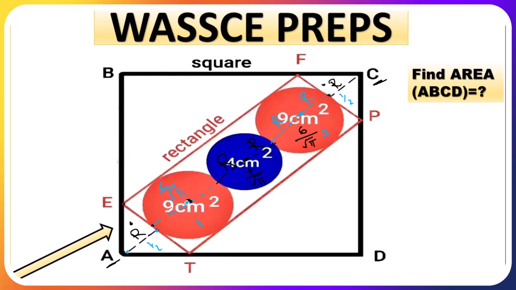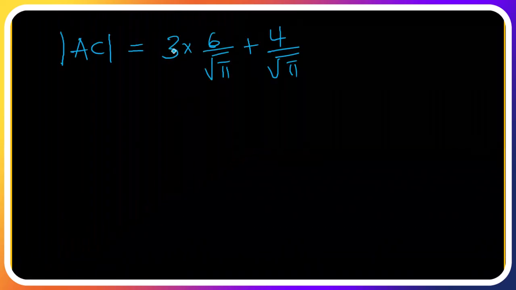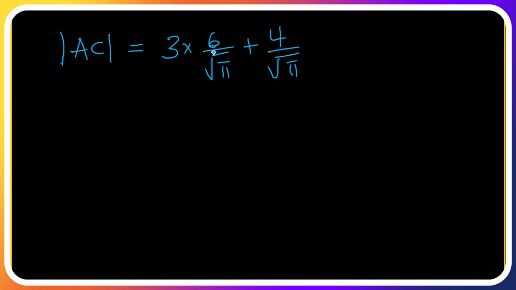So 1, 2, and then these two spaces as 3, so that makes it 3 times, thrice, this diameter.